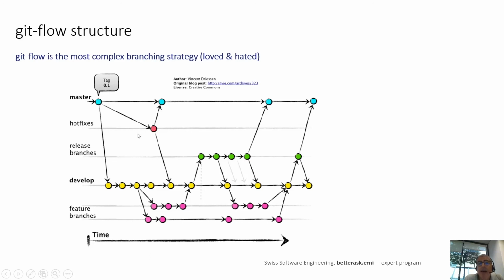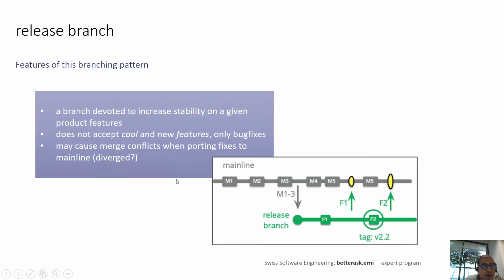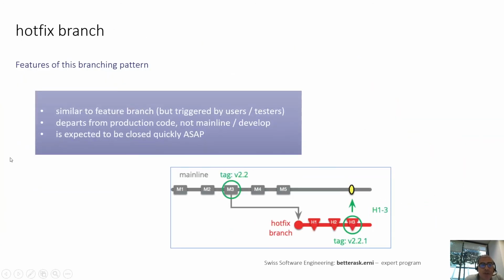And when your fix is ready, you put it into develop. But you come from production or from master. It's important. I said it here, I think. The hotfix branch departs from production code, not from mainline and not from develop.